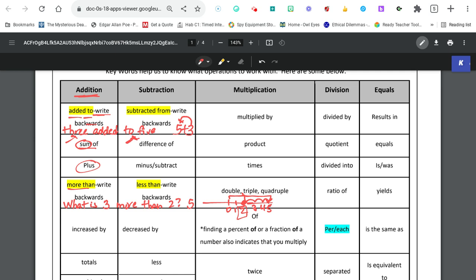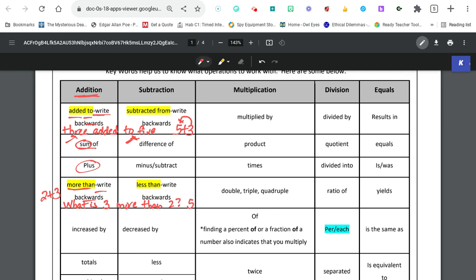So 3 more than 2 is 5. So if it has more than, you write it backwards as well. So I wouldn't write 3 plus 2. I would write, in this case, 2 plus 3. Write it backwards. 3 more than 2, write it backwards if it's got than in it.